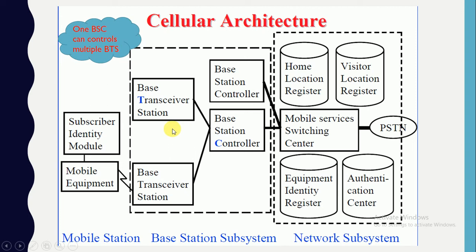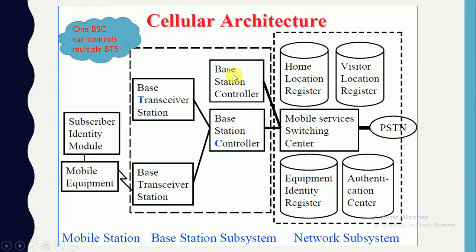The second box has the BTS, that is the tower. The BTS will interface with the base station controller, which tells it how to connect with the MTSC. So the base station controller will interface with the mobile telephone switching center, MTSC.